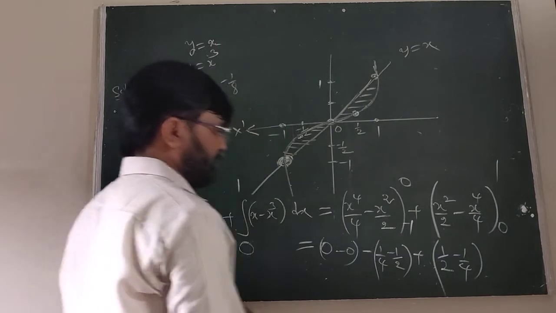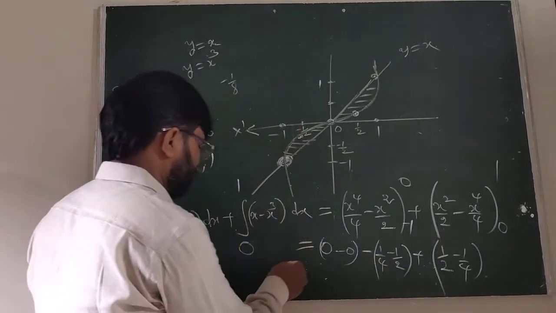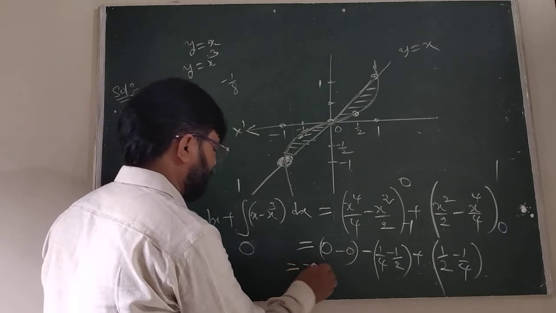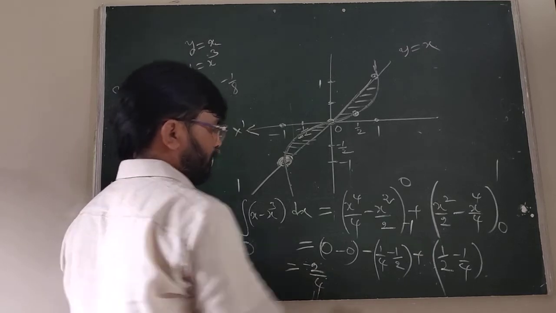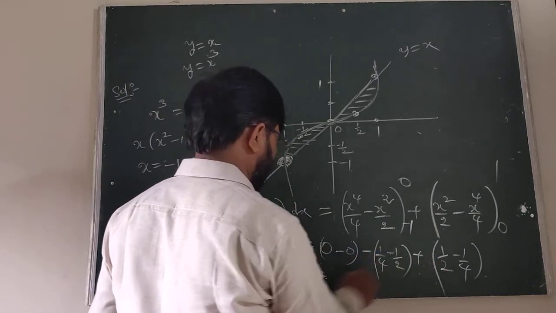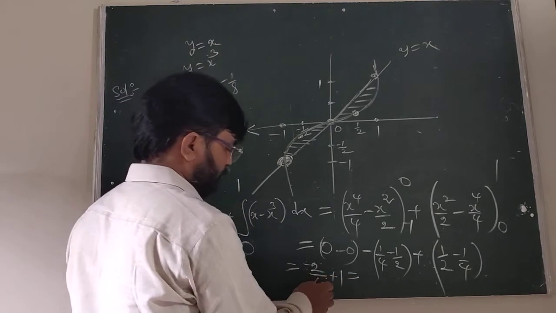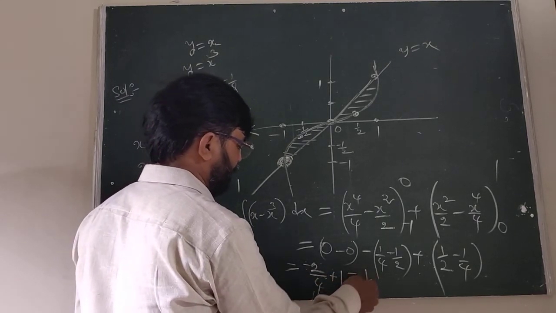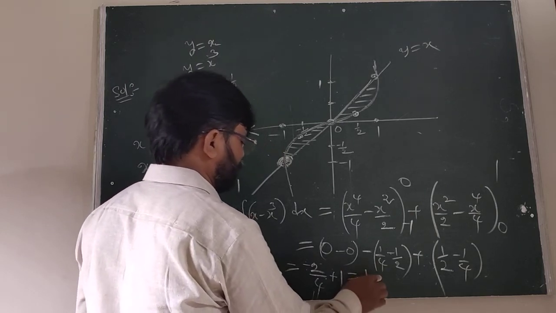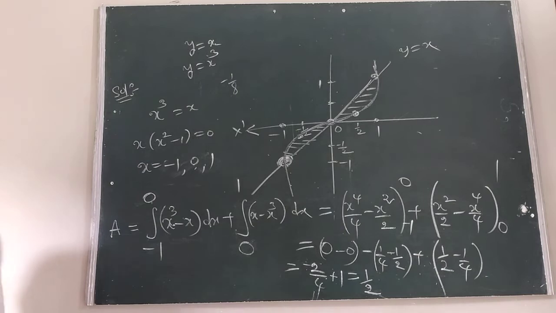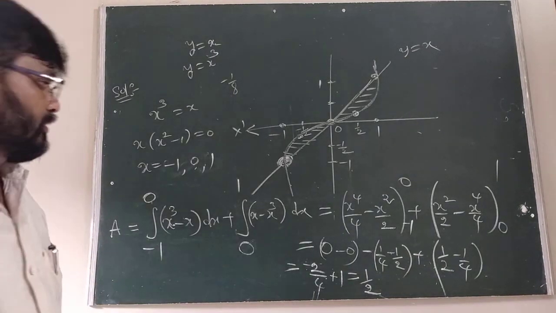This is minus 1/4, minus 1/4, which is minus 2/4. Minus of minus plus 1/2, 1/2 is 1. So it is minus 1/2 plus 1/2 square units. 1 minus 1/2 is plus 1/2, and 1 minus 1/2 is plus 1/2.